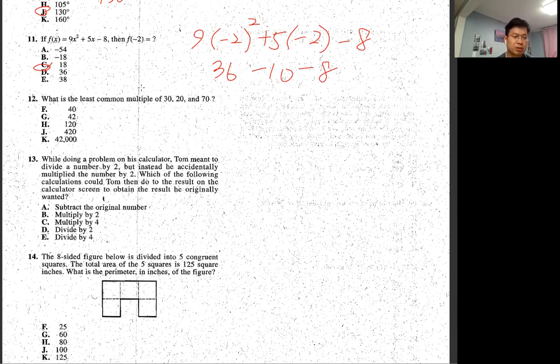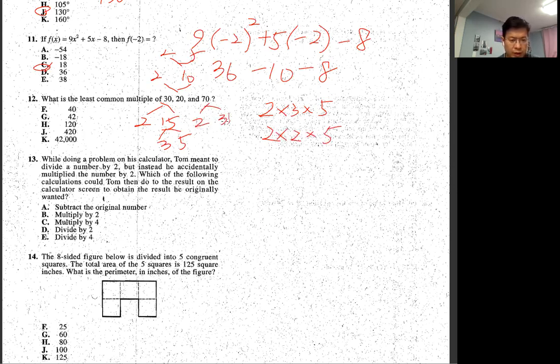Least common multiple. So we have to prime factor this one. So 2, 15, and 3, 5, which is 2 times 3 times 5 is the first one. 2, 10, 2, 5, which is 2, 2, 5, and this one, 2, 35, 7, 5, okay? 2 times 5 times 7.